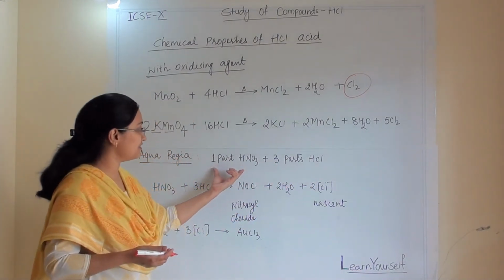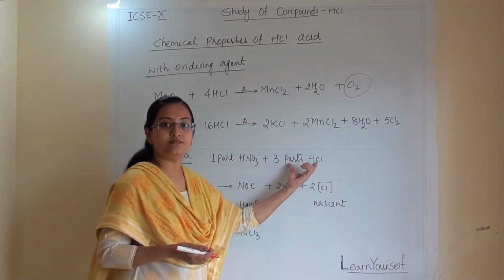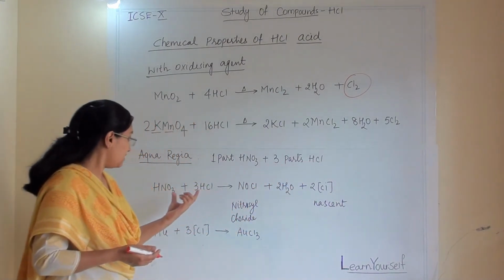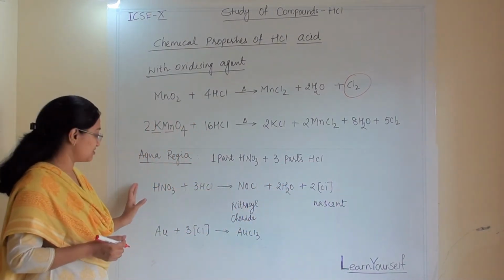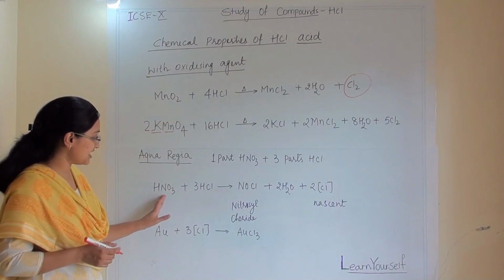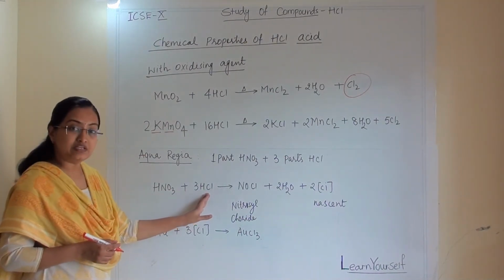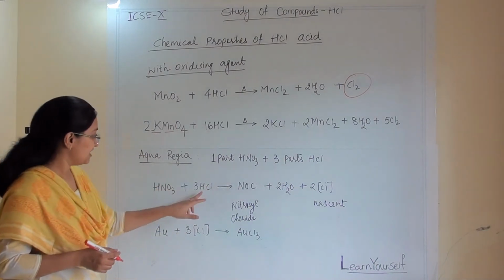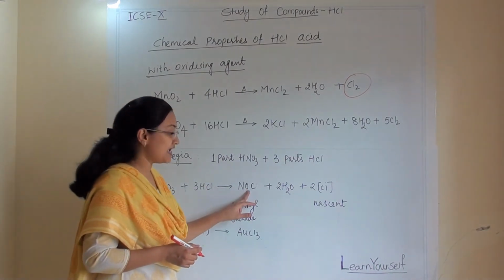One part of nitric acid we mix with hydrochloric acid, and that is 3 parts. So let us understand the chemical reaction for the same. Nitric acid will react with 3HCl. Why? Because we are taking 3 parts of HCl. 3HCl and we will get NOCl.